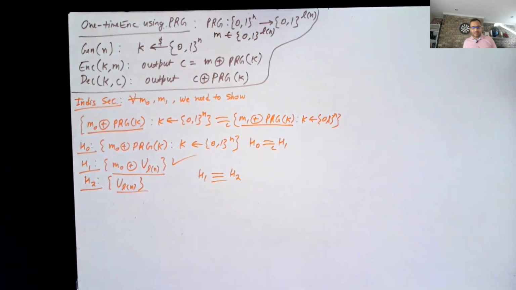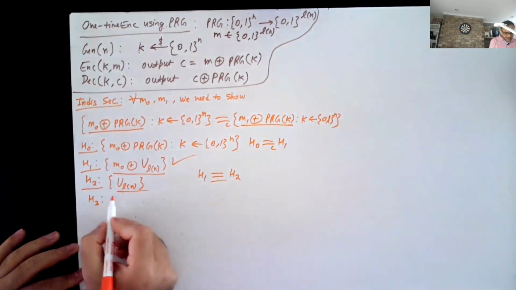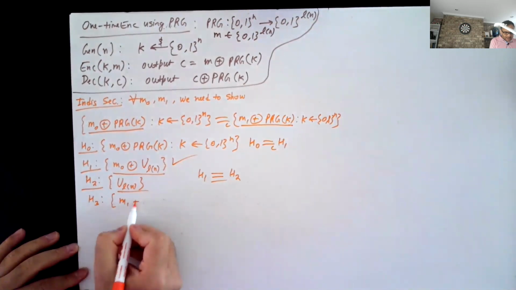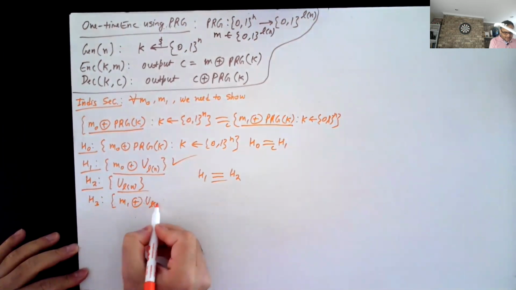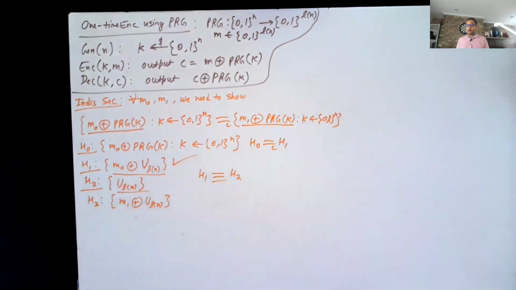Okay. And then you go to hybrid 3, which is M1 XOR U_L(n). Right. So starting with H2, now we start going in the reverse direction, except instead of M0, we are talking about M1 here.